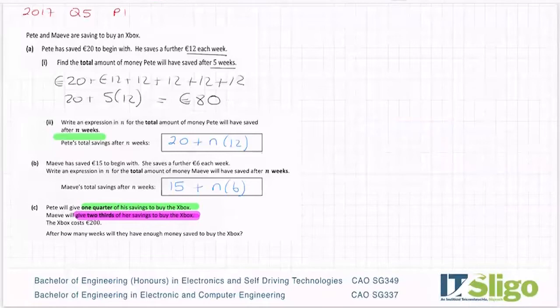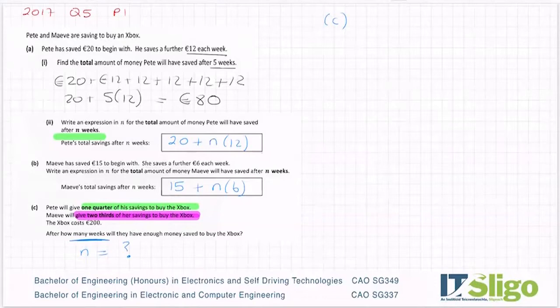After how many weeks will they have enough to buy the Xbox? So let's come up here for part C. Pete is going to give 1/4 of his savings, and it says how many weeks. So we need to figure out what our N is. After how many weeks?